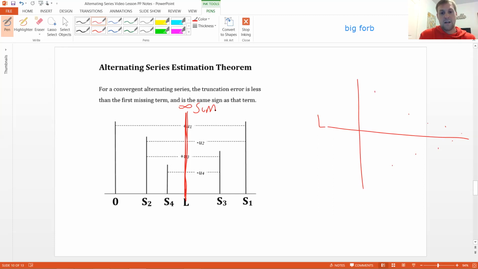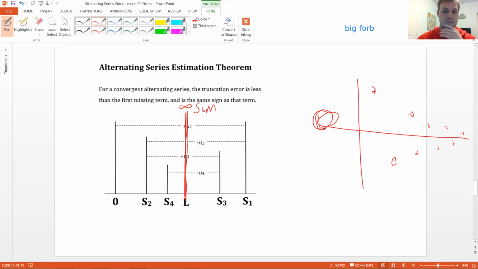Okay, now here's the thing about what happens as I take the partial sums. If you look at a graph, we've graphed this multiple times, the sum is alternating between more than what it should be and less than what it should be. It's going back and forth and getting closer and closer to that value L. Okay, so let's look at what happens.